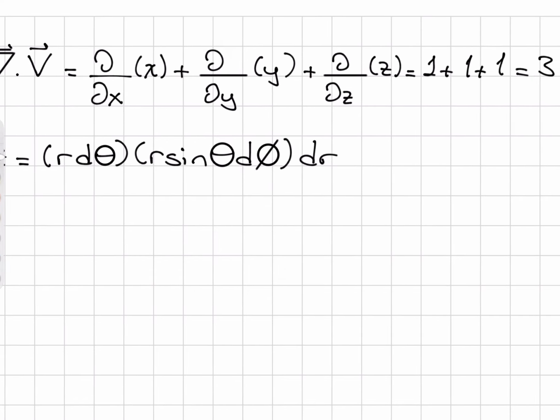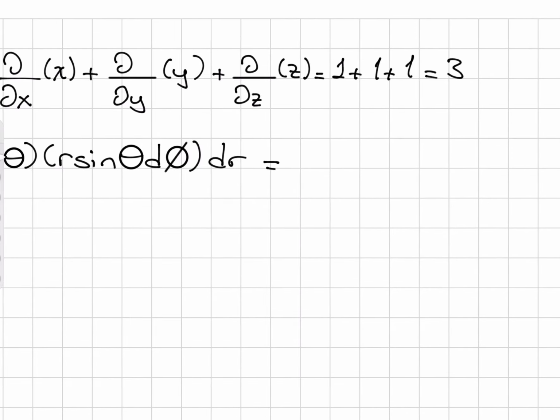So this gives us the differential volume, r squared sinθ, which is also the product of the scale factors h_r, h_θ, h_φ, dr dθ dφ.